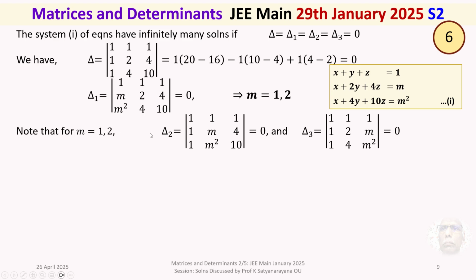Now m is equal to 2, substitute in the place of second column, for m is equal to 2, 1, 2, 2 square, so 1, 2, 4. Now expand, then you will get 0. So for m is equal to 1, 2, these are also 0.